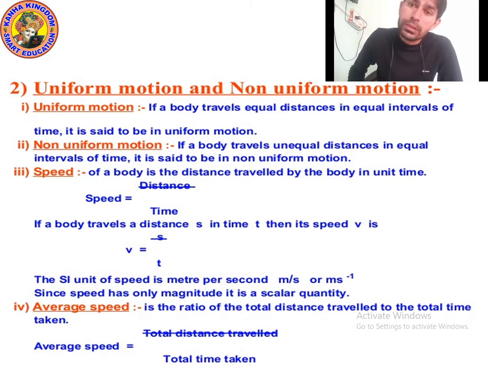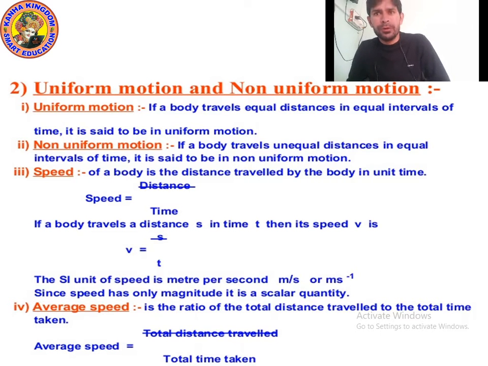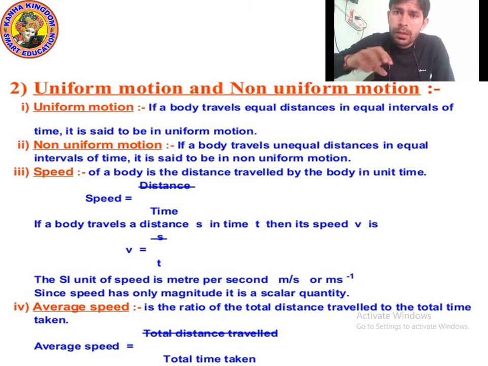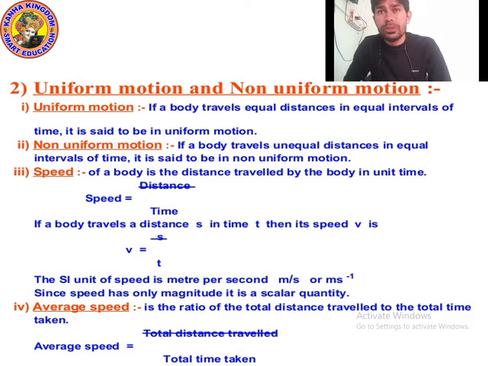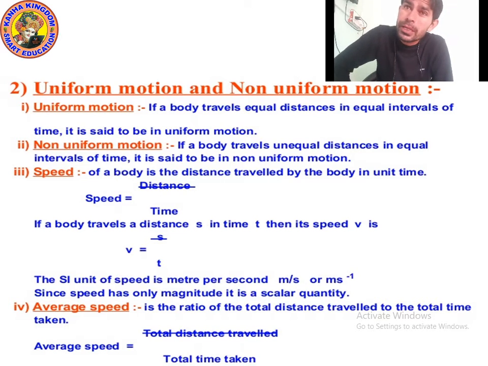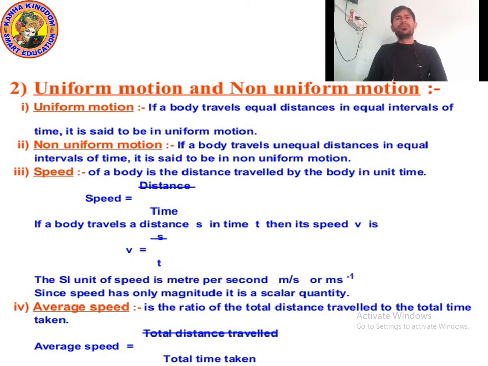But non-uniform motion is a motion in which a body travels unequal distance in equal intervals of time. So if equal distance is traveled in equal intervals of time, it is known as uniform motion, and if equal distance is traveled in unequal intervals of time, then it is known as non-uniform motion.